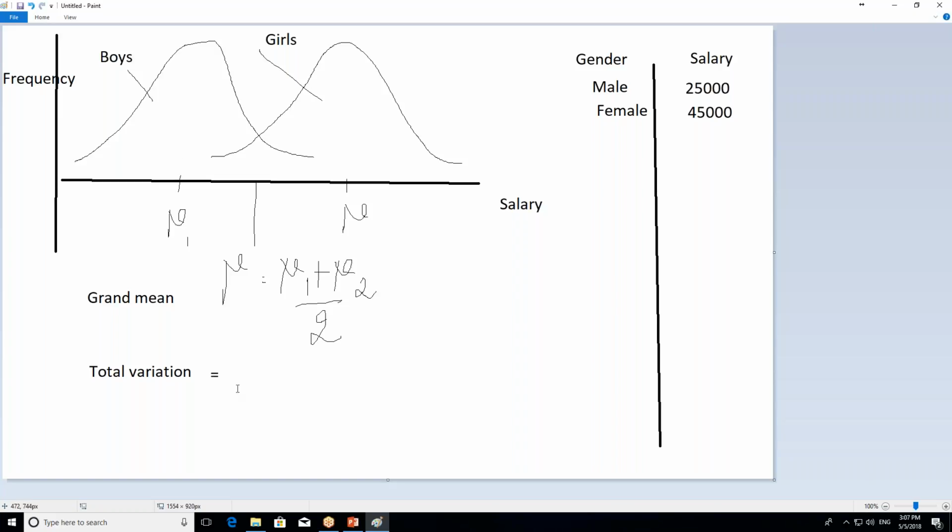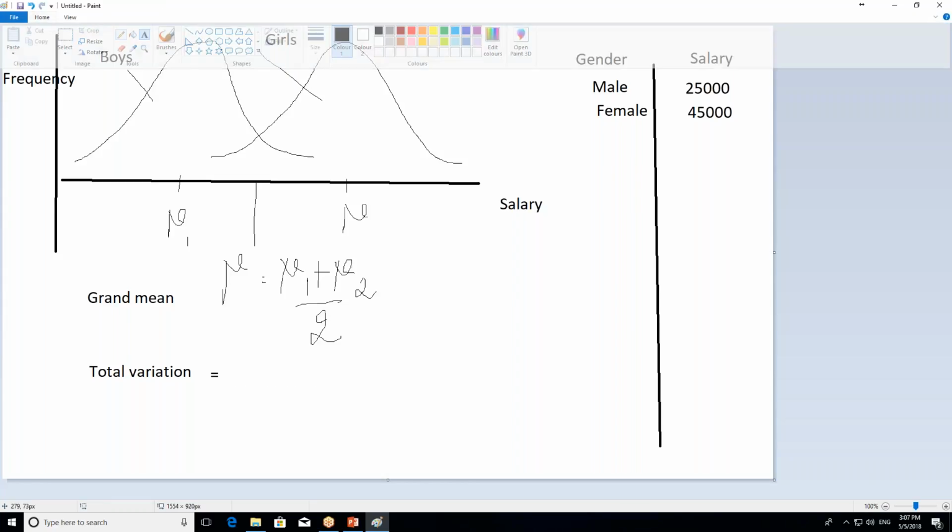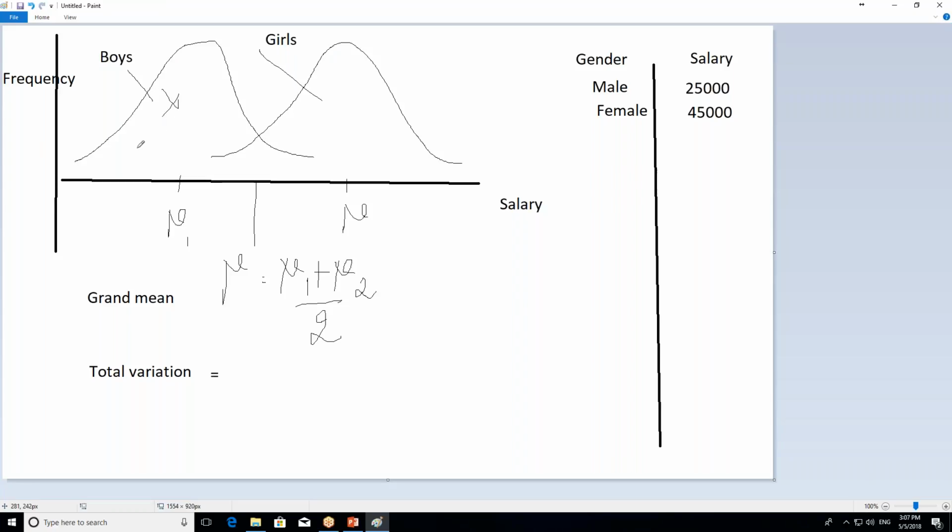So in my boys, I will have x1, x2, x3, say n1 records, and for girls I have y1, y2, y3, and girls have n2 records.